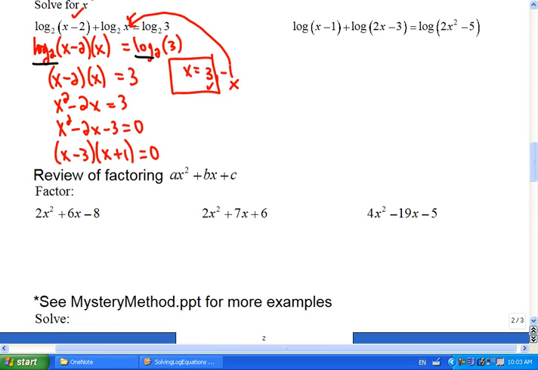Okay. And in the next one here, if you haven't finished the second one, you probably want to try that before you see what I've done. So you may want to pause it. Log x minus 1 times 2x minus 3.